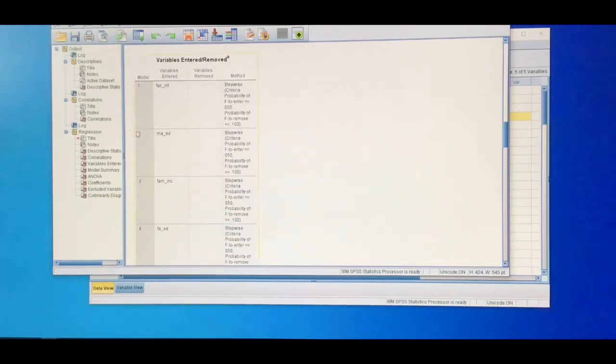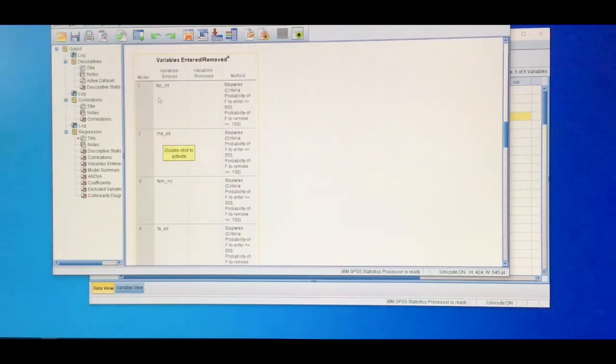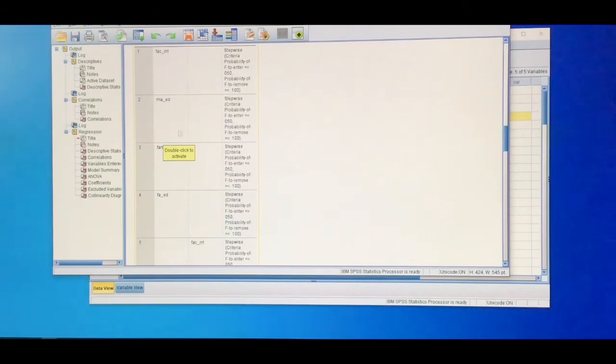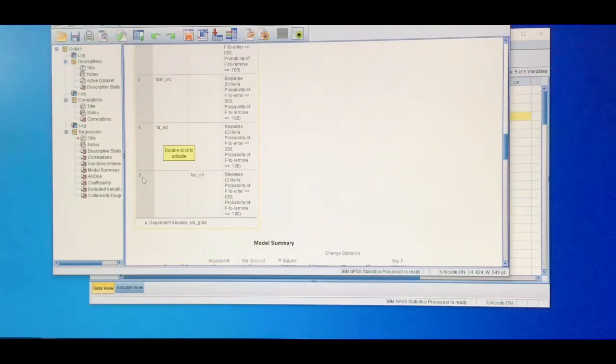And then in my second model, what was included is the mother's education level, and in the third model I have faculty interaction, mother's education, and the family income. And in my last model I have all the above 1, 2, 3, and together with father's education. And let's look at this fifth model here. My faculty interaction got removed.